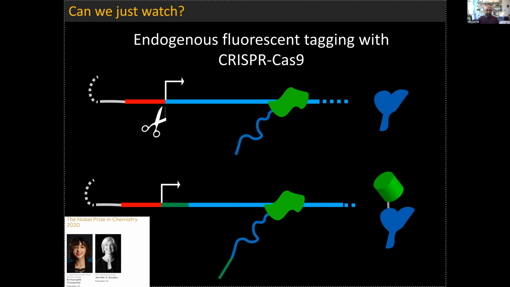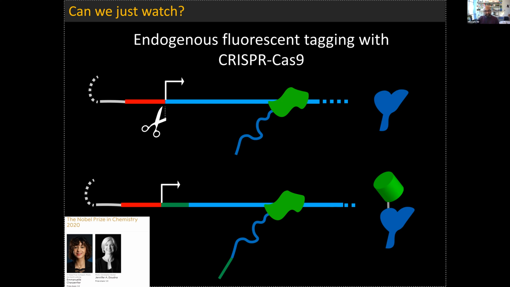These arrows depict the beginning of the gene. When that gene is read and the protein is made, you now have a fluorescent protein attached to the thing that you want to study. This way we can choose the fluorophore we want to use, and we can make sure that the protein we are tagging is being expressed at native levels within the species we're interested in studying.